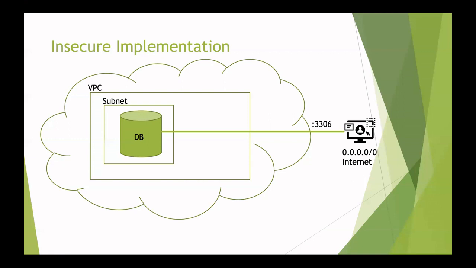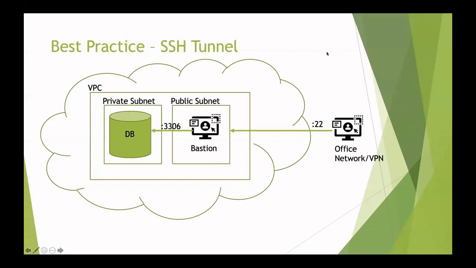But later, after I started working, I realized that it's very insecure, and there are very good practices related to the creation of databases. So next, let's see what would be an ideal implementation. So the ideal implementation is to connect to the database via an instance called a bastion, right?